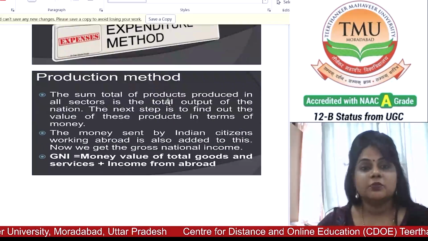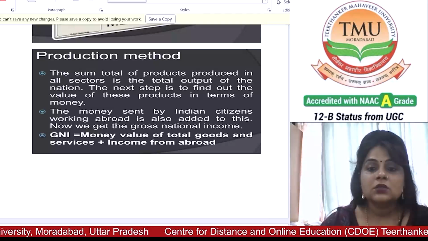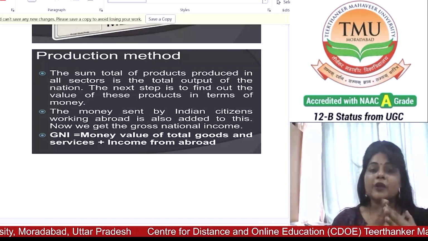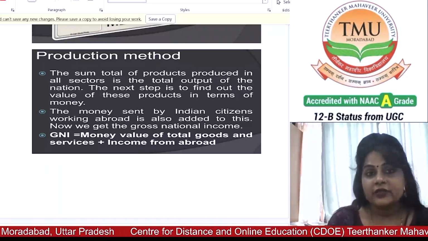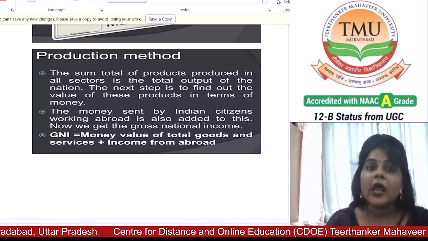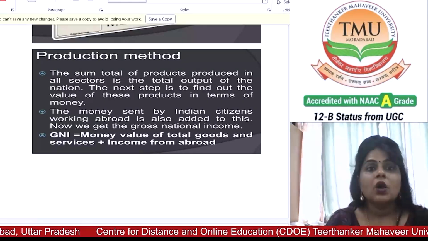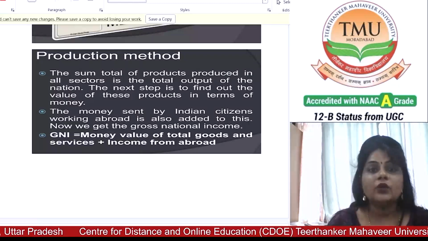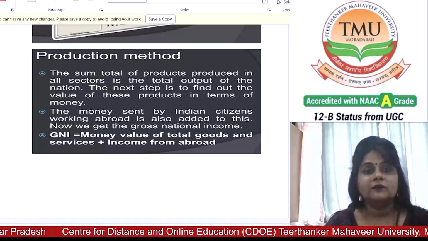Now, the production method. The sum total of products produced in all sectors, primary sector, secondary sector, and tertiary sector, is the total output of the nation. The next step is to find out the value of these products in terms of money.